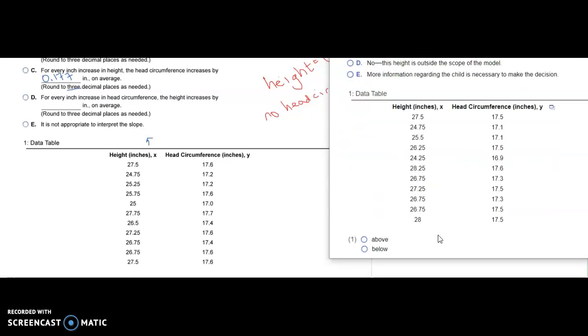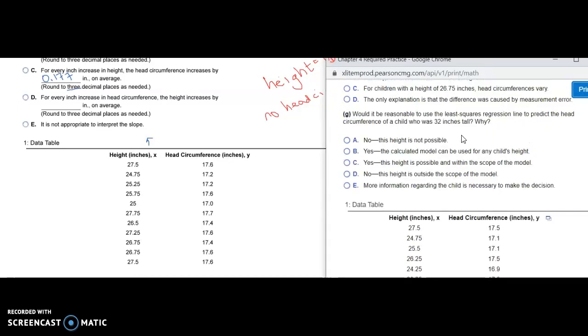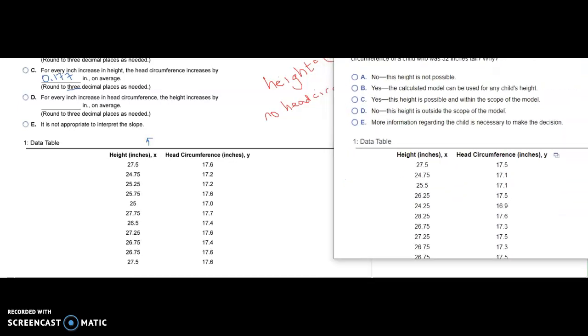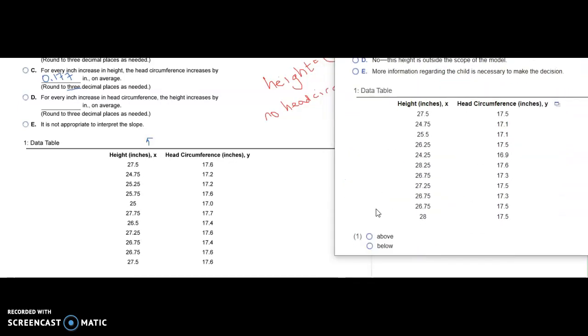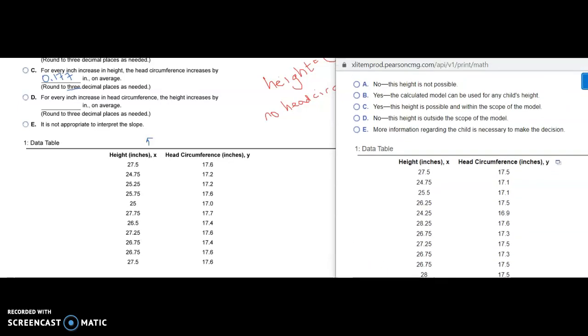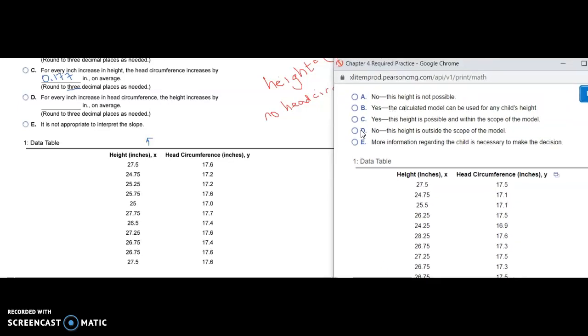If the number is not in the range, then the answer would be no. So 32, or whatever your number is, is not in this domain. I don't see anywhere where 32 is within these numbers. It doesn't have to be one of these numbers exactly. It has to be between the smallest and the biggest. So the answer would be no, this height is outside the scope of the model. It's possible, but it's outside the scope of the model.